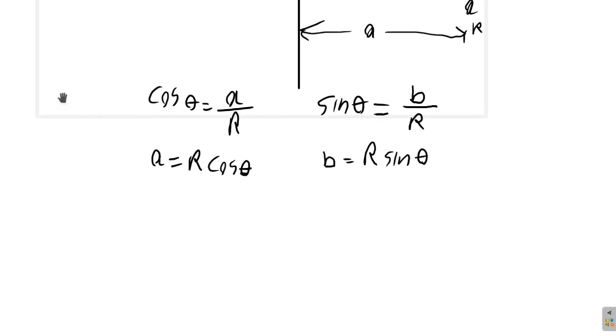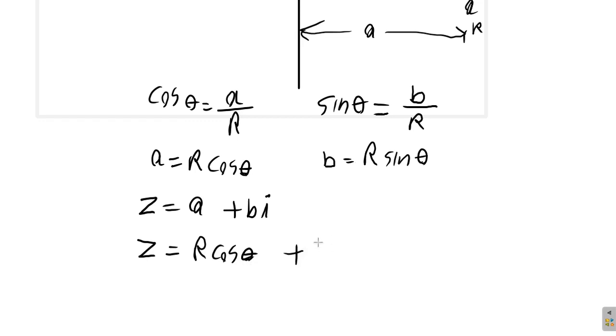Now, remember, Z is equal to A plus BI. Now let's rewrite Z. Z is equal to A. What is A? A is R cos theta, right?